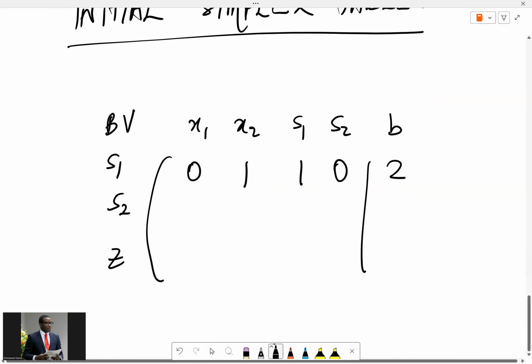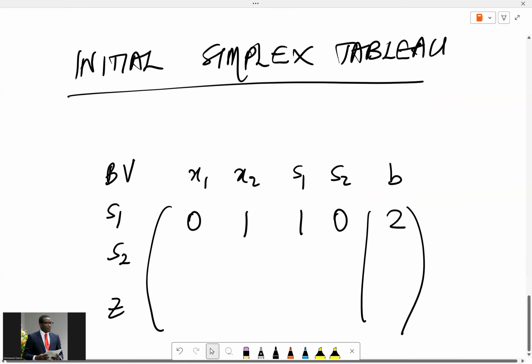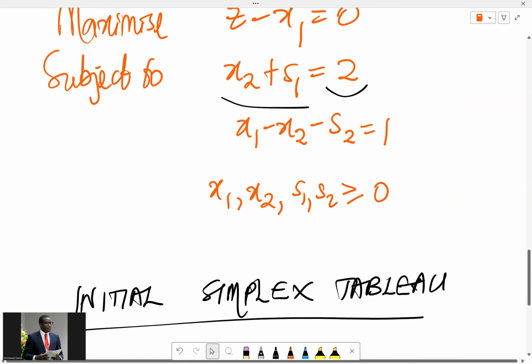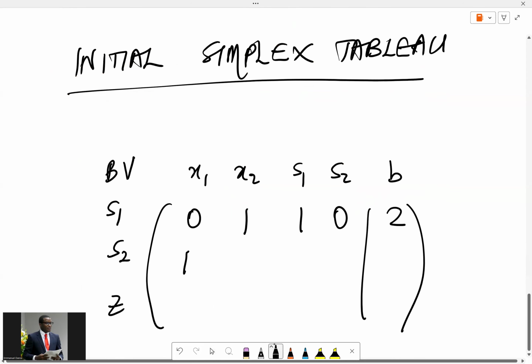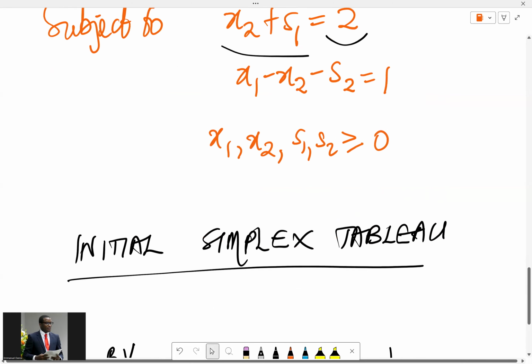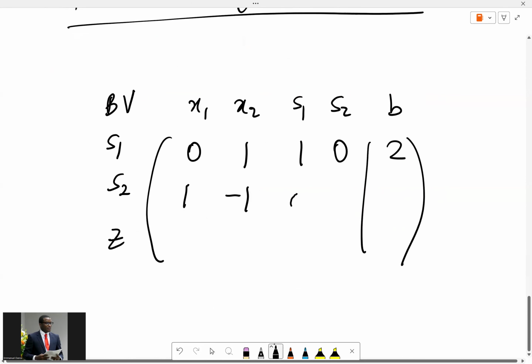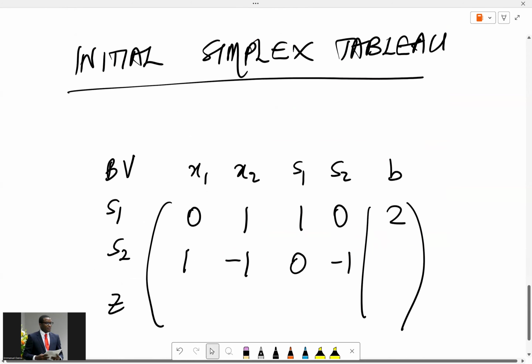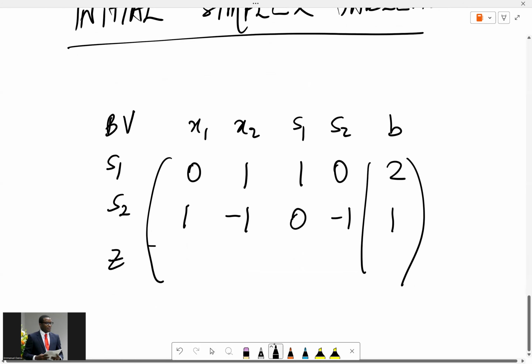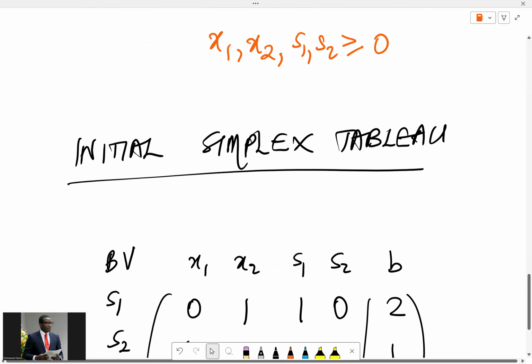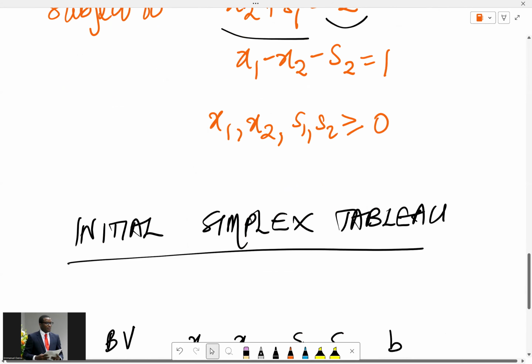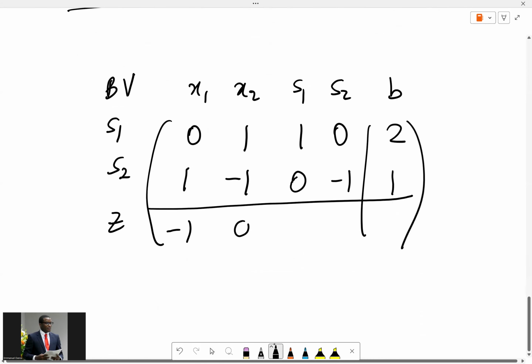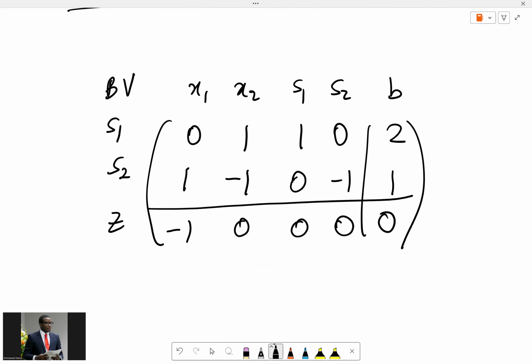And then for S2, talking about the second constraint, we have 1, minus 1, and then S1 is 0, this is minus 1, and the right-hand side for that is equal to 1. And we can have our Z, so that's just for X1, so we have minus 1 and 0 all the way. So that's the initial simplex tableau.